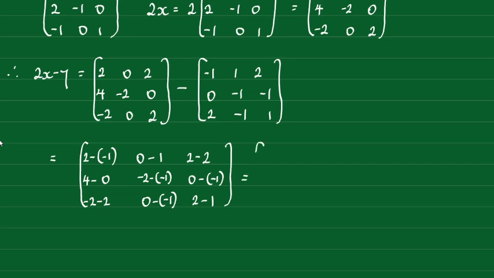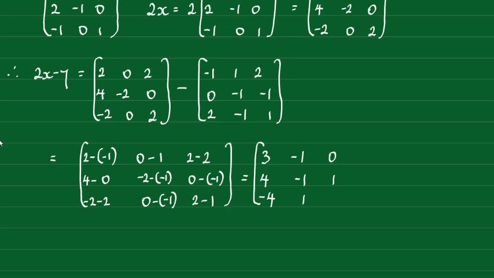This is equal to the matrix: 2 minus -1 gives us 3. Now 0 minus 1 gives us -1. 2 minus 2 gives us 0. 4 minus 0, we have 4. -2 minus -1 gives us -1. 0 minus -1 gives us 1. -2 minus 2 gives us -4. 0 minus -1 gives us 1.